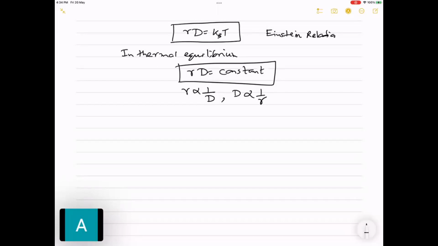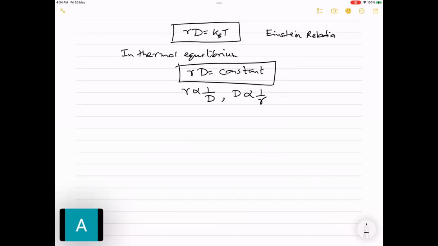If one of them increases, the other one has to decrease. So gamma, the drag coefficient, and D, the diffusion constant, try to balance one another. Their product is a constant quantity, and therefore, if one of them decreases, the other one has to increase.